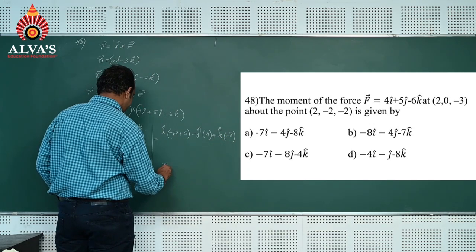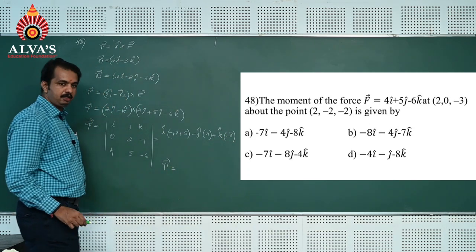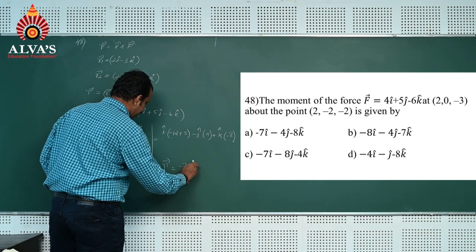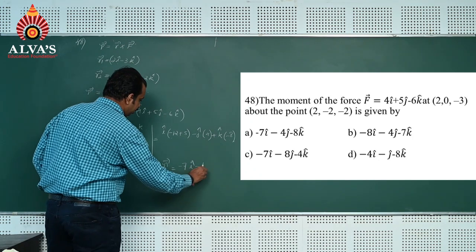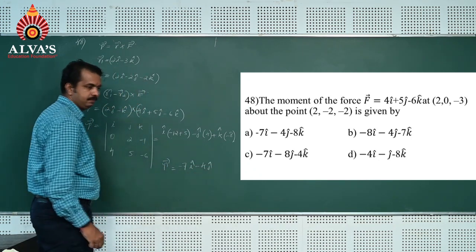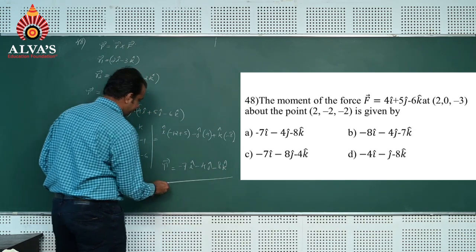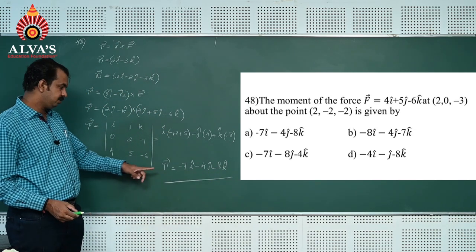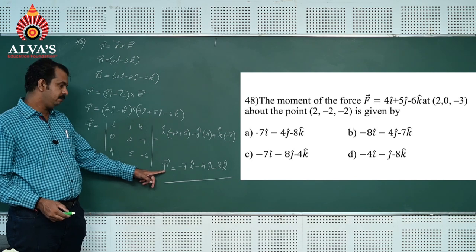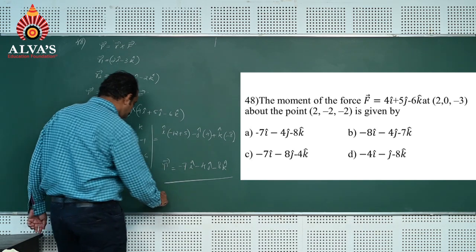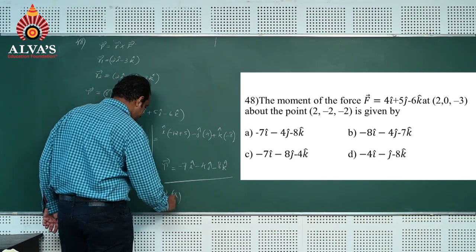So torque tau is minus 7 i cap minus 4 j cap minus 8 k cap. So this is the correct answer, which means option A is the correct answer here.